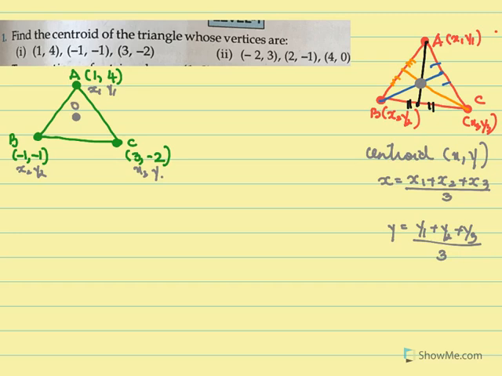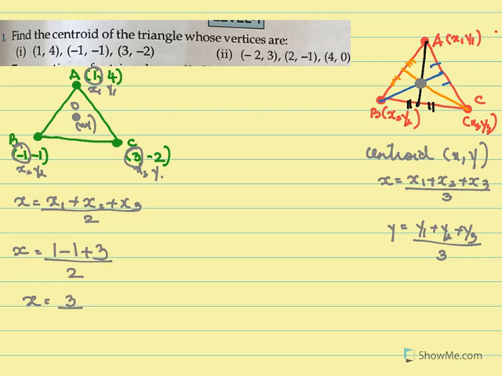The centroid we'll call O, which is x, y. Now we know the formula x equals x1 plus x2 plus x3 over 3. We are finding the coordinates of the centroid. So here is x1, x2 and x3. So 1 minus over 3. So this x becomes 3 by 2.